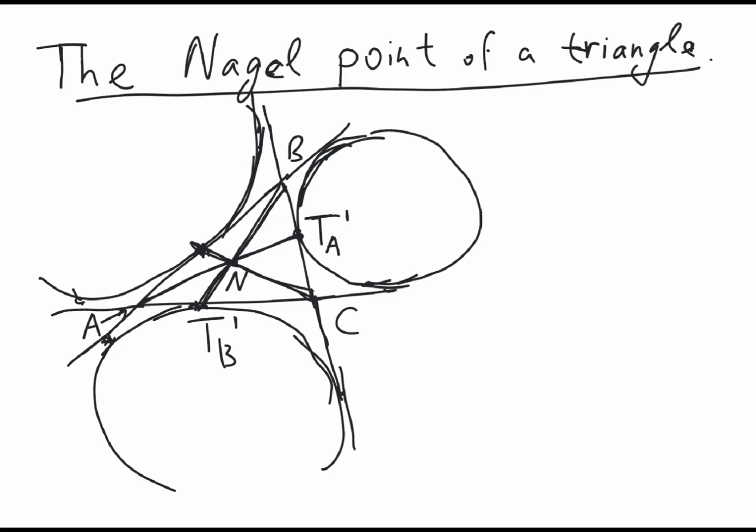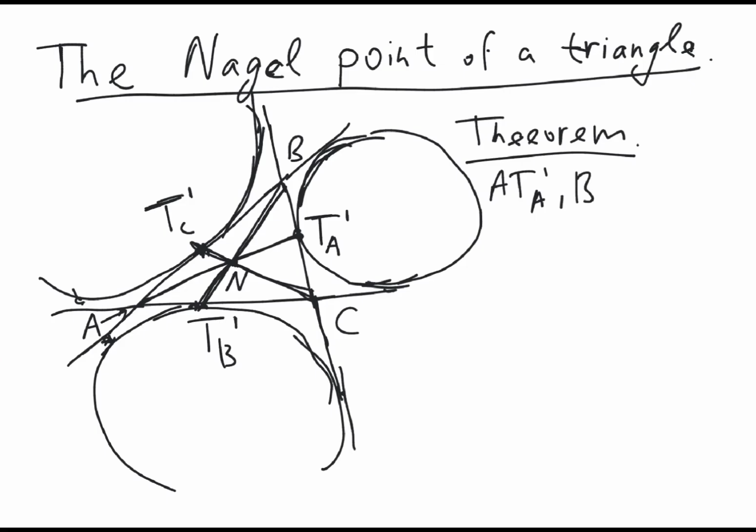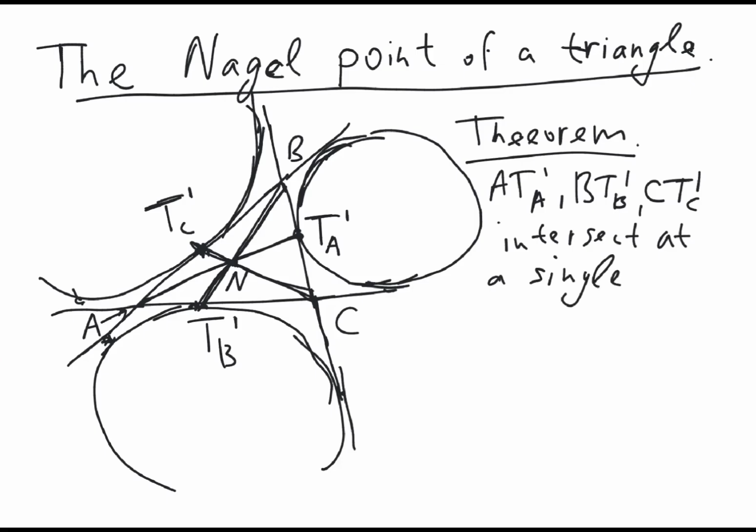And TC prime. And so the theorem says that ATA prime, BTB prime, and CTC prime intersect at a single point.